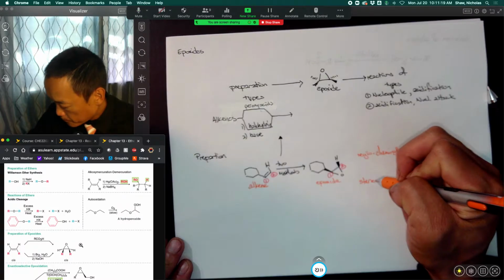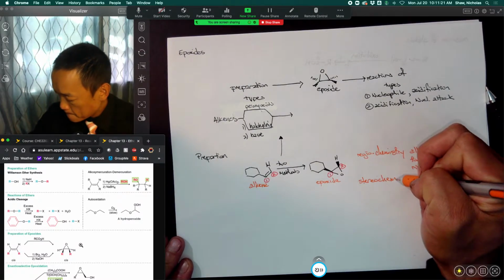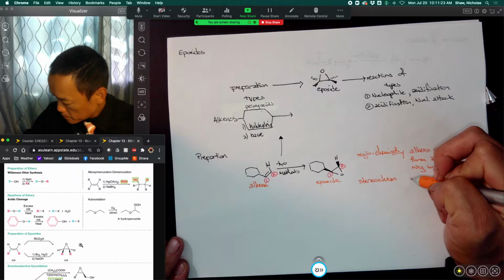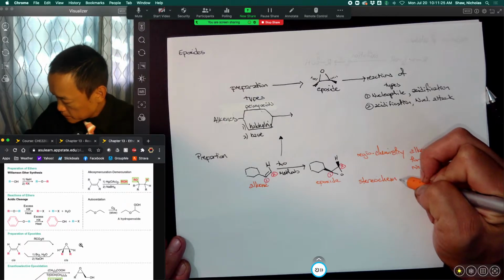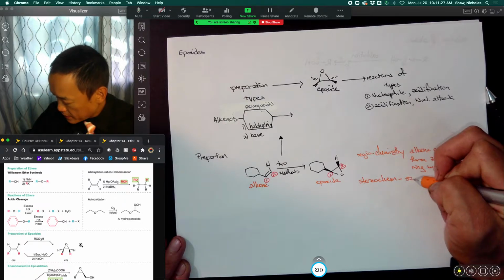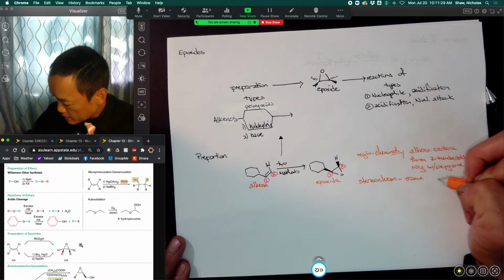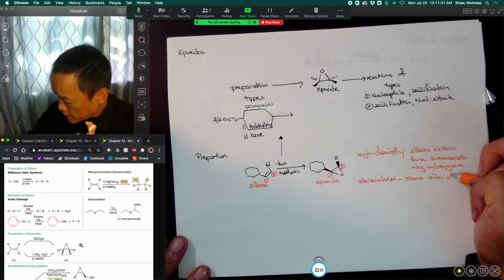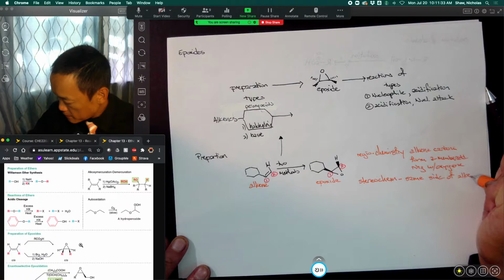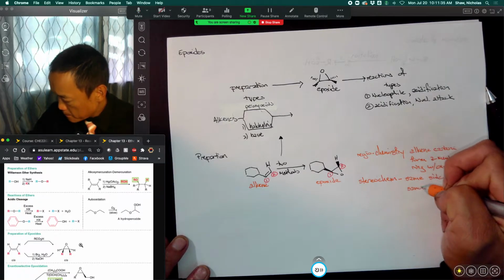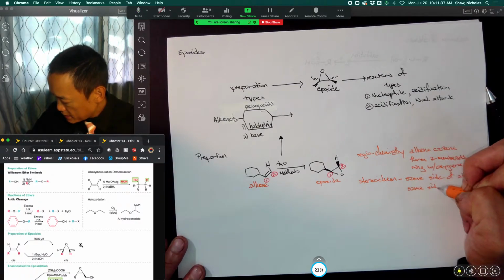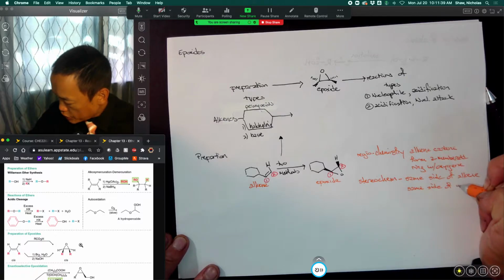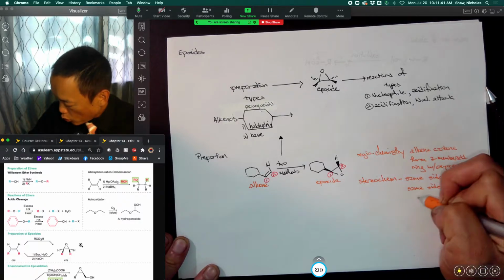Stereochemistry. I'm just going to write same side of alkene, same side of wedge or dash.